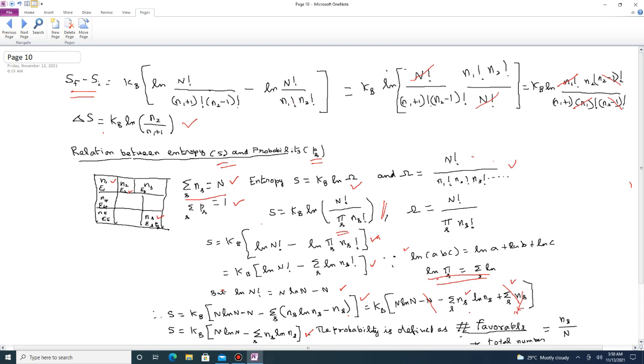Now the probability P is defined as the number of favorable events divided by the total number of events.